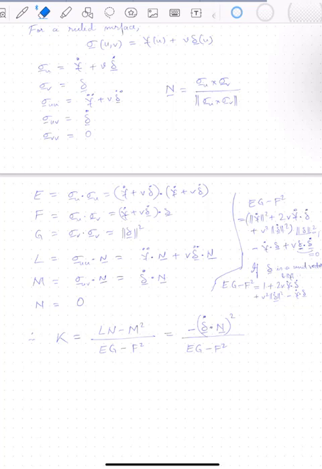So is this going to be greater than 0? Let's see. So this is of course always greater than 0.